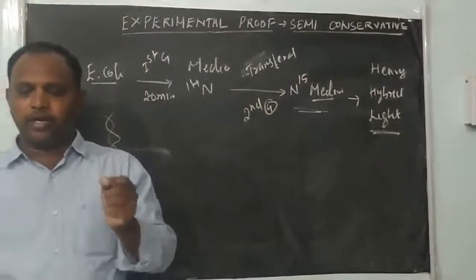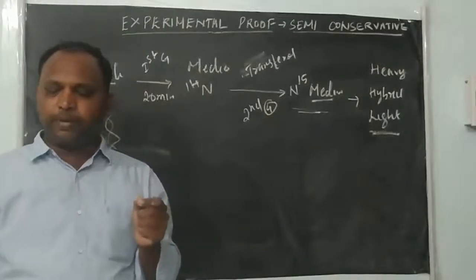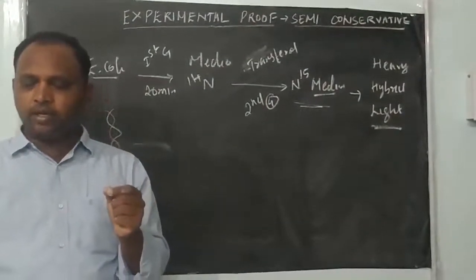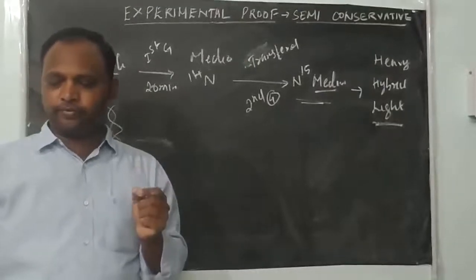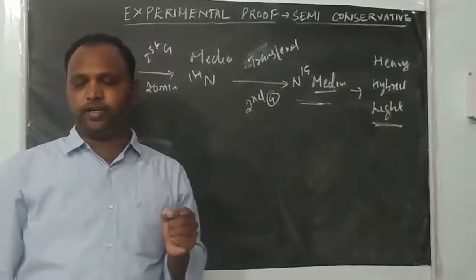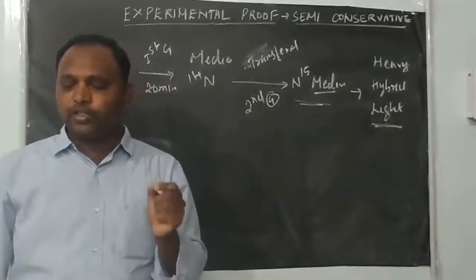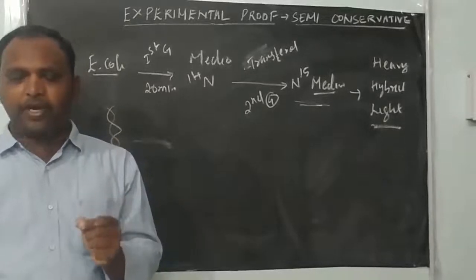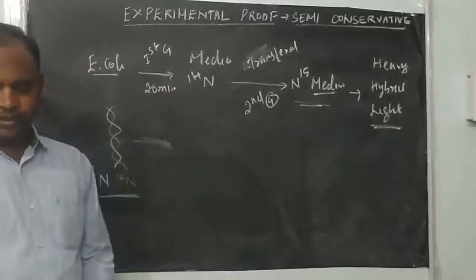If hybrid DNA is allowed to replicate for one generation in media containing N14 and for the second generation in media containing N15, then what is the proportion of light, heavy and hybrid DNA obtained?